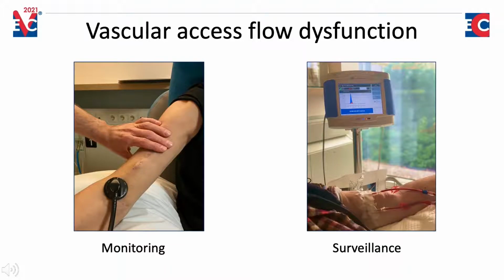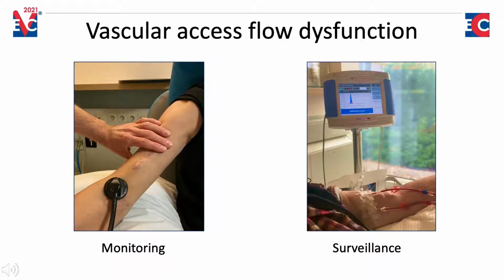In this presentation, I discuss two strategies to detect vascular access flow dysfunction. Monitoring of the vascular access is done by dialysis nurses to detect clinical indicators of flow dysfunction. These indicators involve physical signs at examination of the vascular access, clinical problems occurring during dialysis treatment, or laboratory tests indicating insufficient dialysis adequacy.